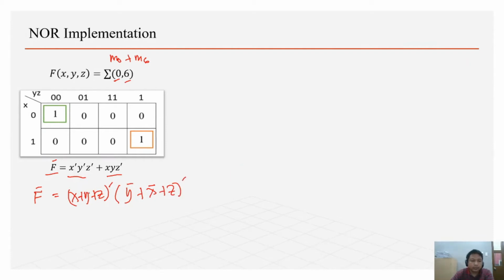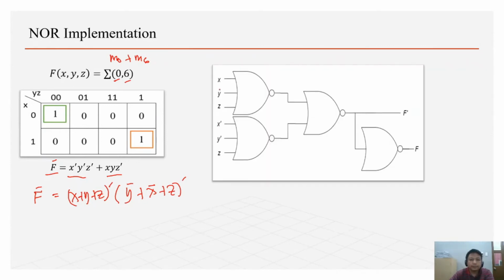Then, i-drawing lang natin yung resulting function. Meron na tayong x, y, and z ORed together. Then, may bubble dito. C, may prime. Then, x prime, y prime, and z ORed together. Meron din tayong bubble dito. And then, of course, yung default niya, kung titignan natin yung function niya talaga, meron lang siyang bubble dito kasi ANDed sila.